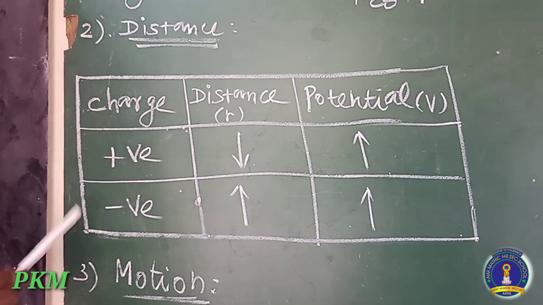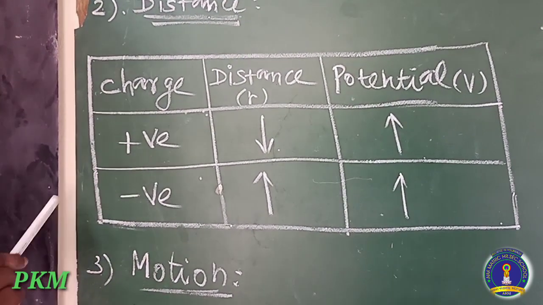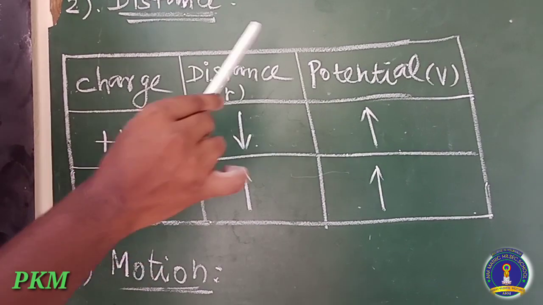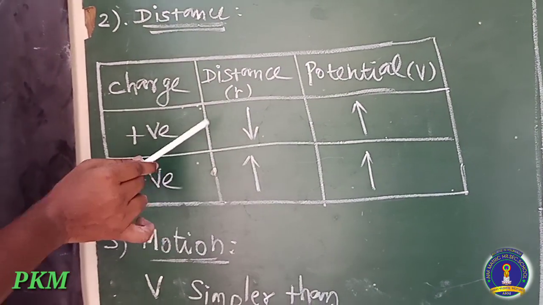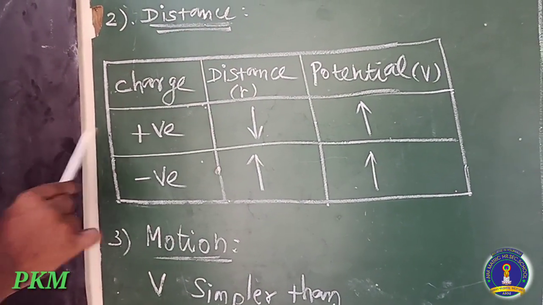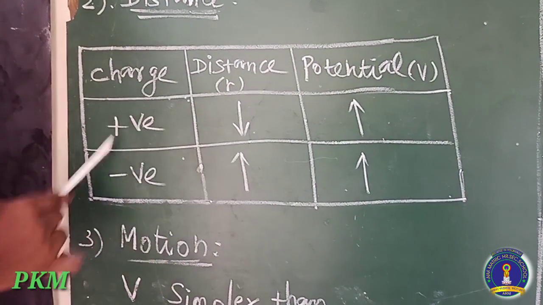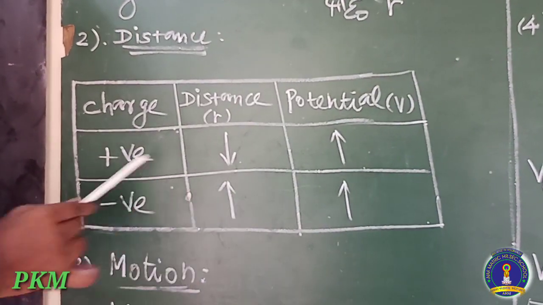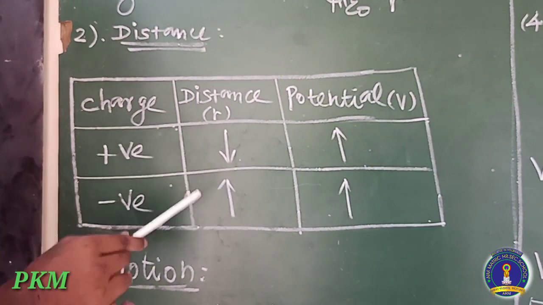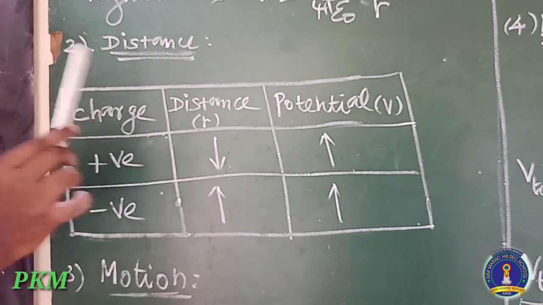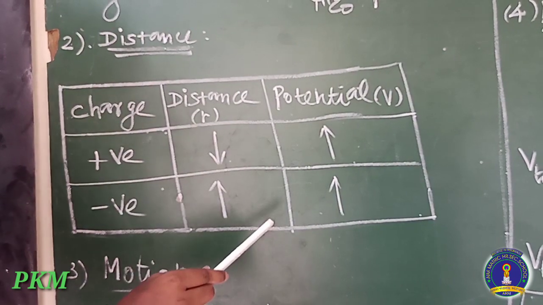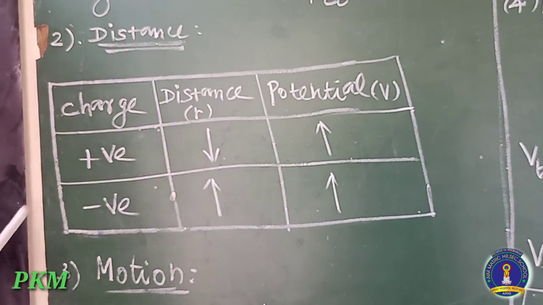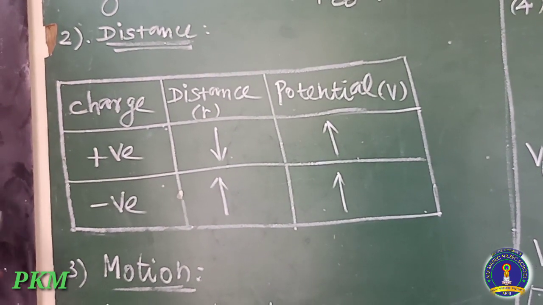Suppose the charge is negative: the potential increases as the distance increases. And the potential decreases as the distance decreases for a negative charge.